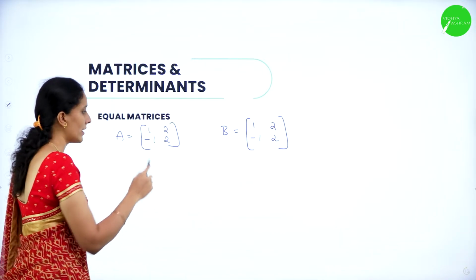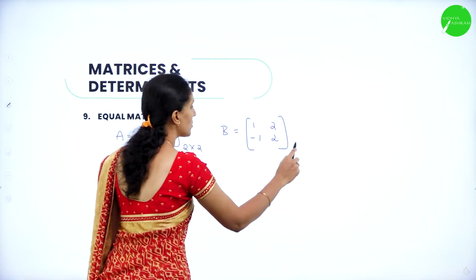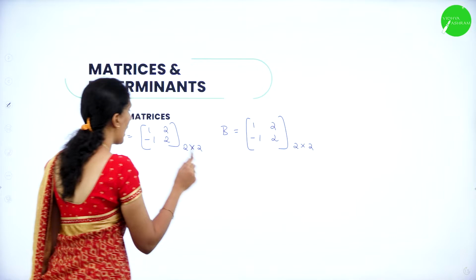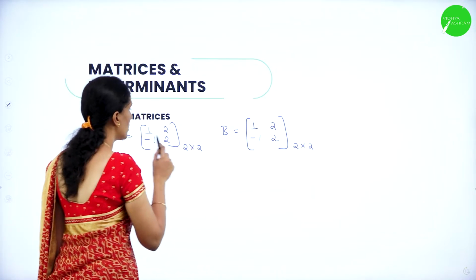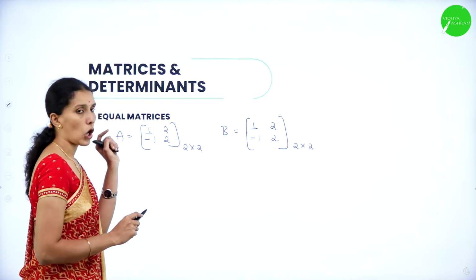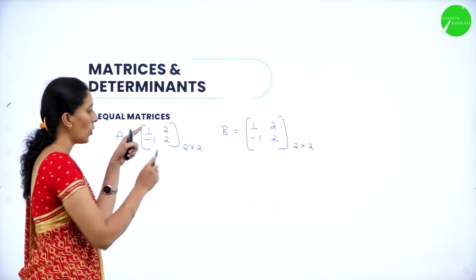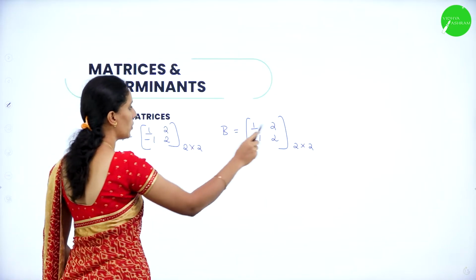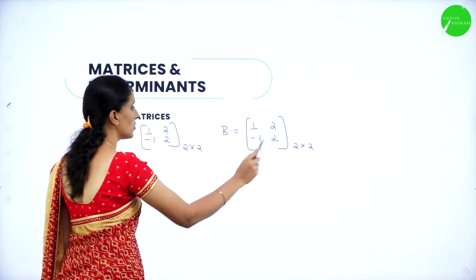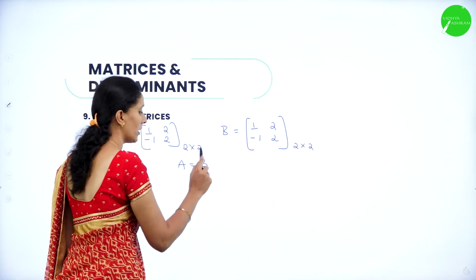So here you can see the order of A is 2 cross 2, the order of B is also 2 cross 2, and the corresponding elements are the same. So therefore we can write A is equal to B here.